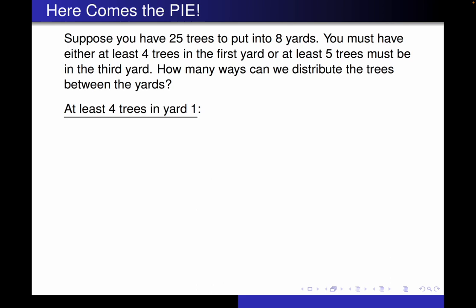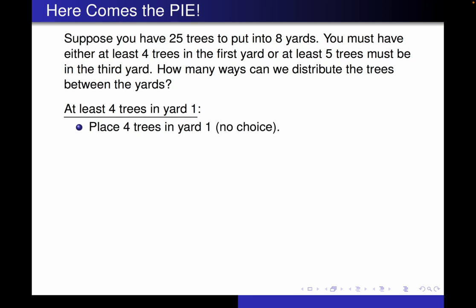All right, so what we're going to do is break this up into both possibilities, right? One possibility that makes this true is you can have at least 4 trees in yard 1. So let's count all those ways because those are going to be part of our solution. So we have to put 4 trees in yard 1. And again, we could put more, but we have freedom about whether we decide to do that.